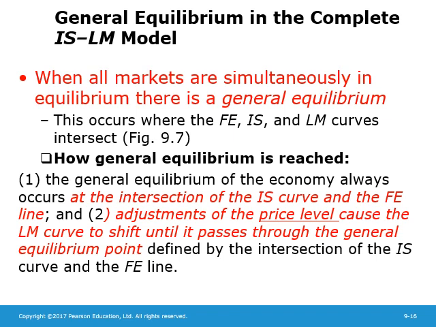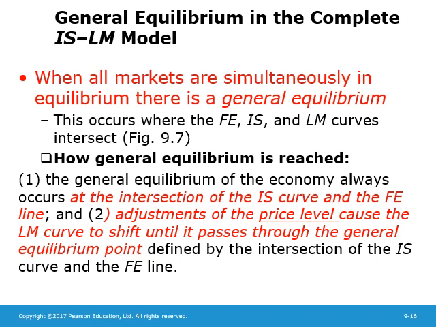That means we have a general equilibrium. And how is general equilibrium reached? We will see this in detail in this section and the next section. But remember these two notes about the general equilibrium.